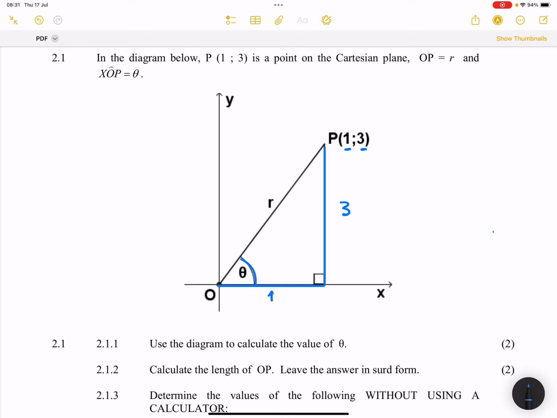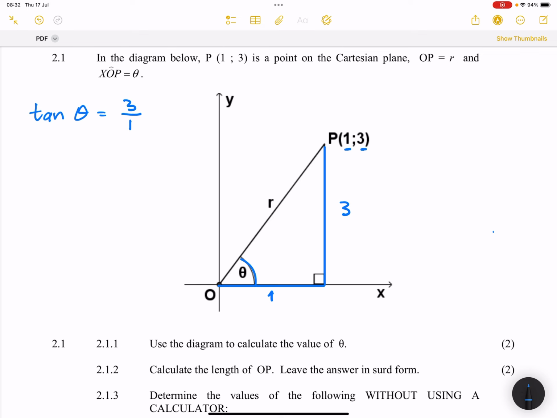So which trig ratio says opposite over the adjacent side? That's definitely going to be the tan of theta. So tan of angle theta is equal to y over x, that's opposite over adjacent, 3 over 1.